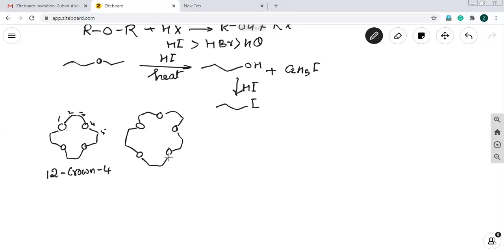Then here you have 5, so 13, and 2, 15. 15 crown 5. So these are the names of crown ethers.